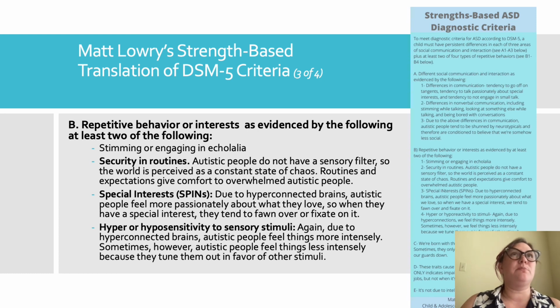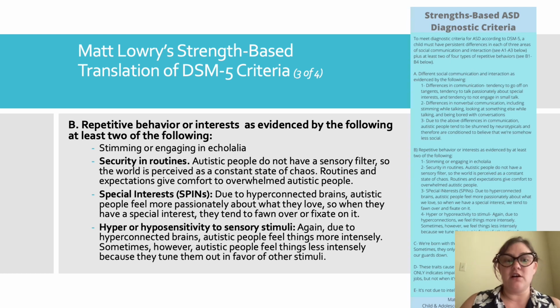Due to a hyper-connected brain, autistic people often feel more passionately about what they love, and when they have a special interest, they tend to fawn on and fixate on them. And then lastly, hyper or hyposensitivity to sensory stimuli, and he explains it as due to hyper-connected brains, like with spins, that autistic people feel things more intensely.